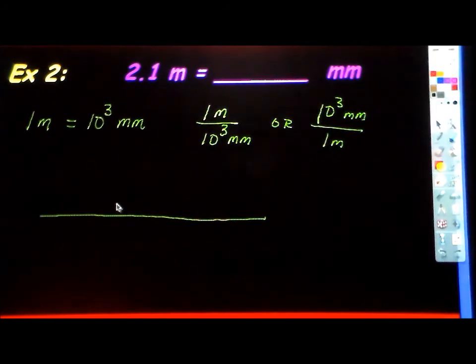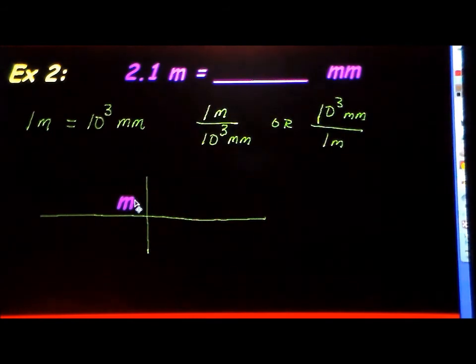So to start the problem, whoops, I probably should go on and draw my line. We're going to start with meters, so that's what's going to be right there, which means I have to have meters down here so that they cancel out, which means I need the millimeters up here. So that tells me then that I'm going to be using this conversion factor.